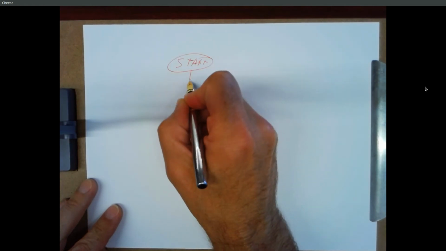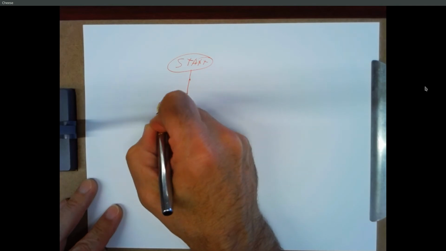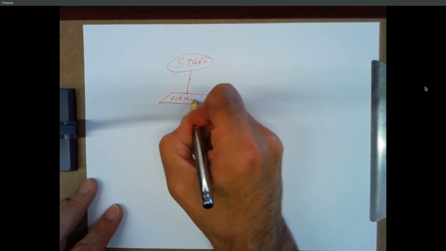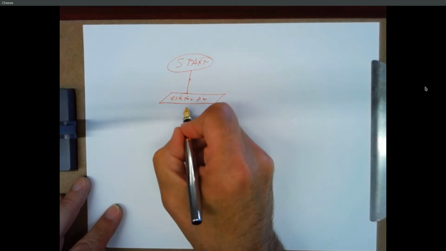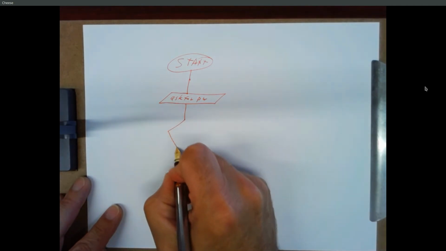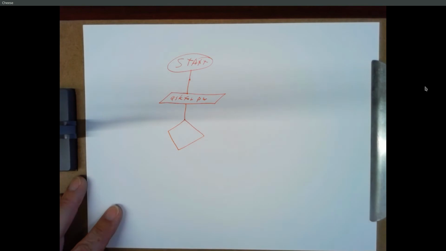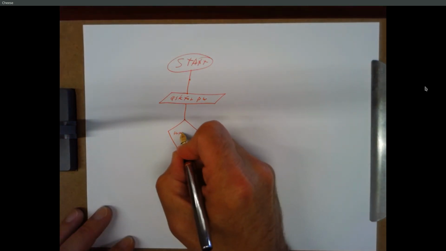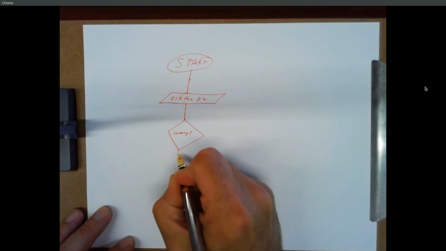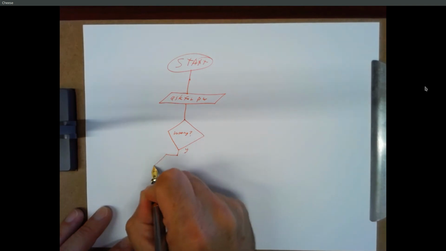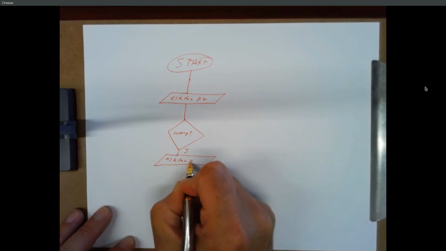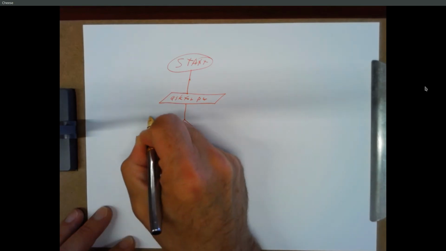Start of the program. Ask for the password. And then, is the password wrong? And if the password's wrong, I'm going to ask for the password again.